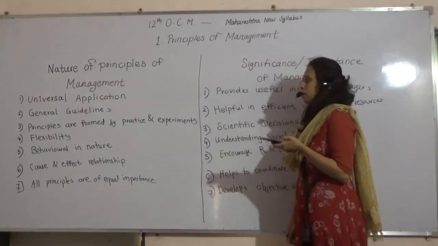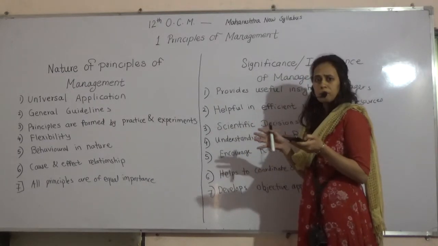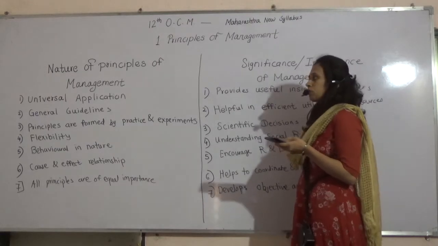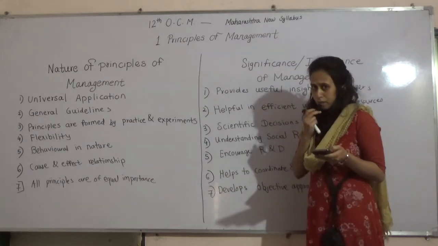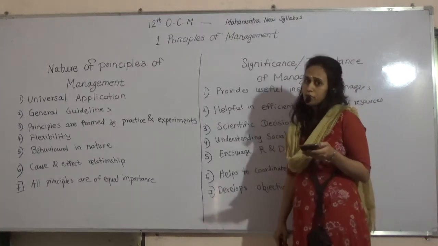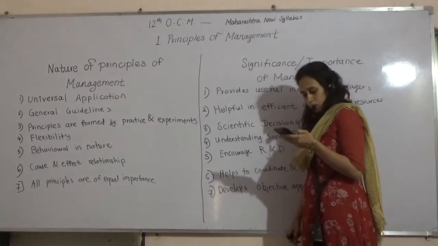Okay, let's start with the first point. Nature means how these principles are applicable in day-to-day life. Universal application. Universal means applicable in each and every field, irrespective of the size of the organization.